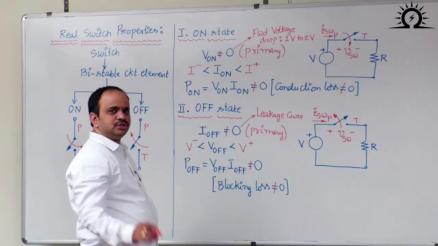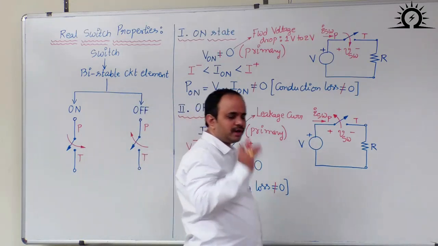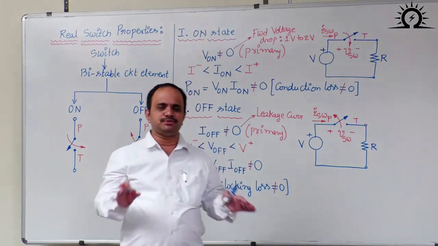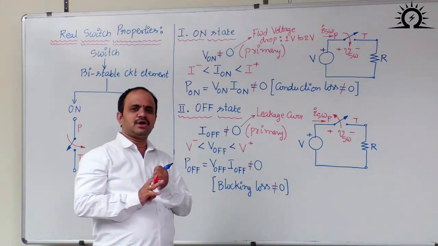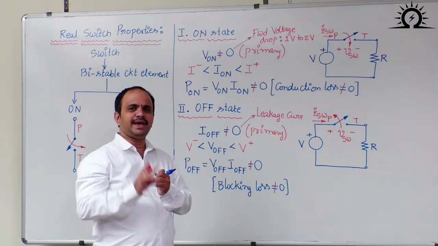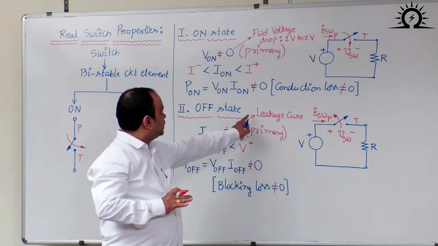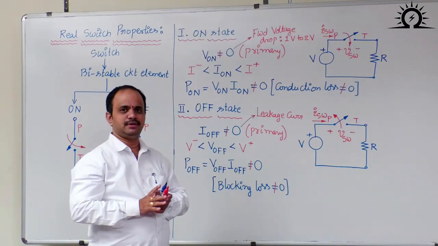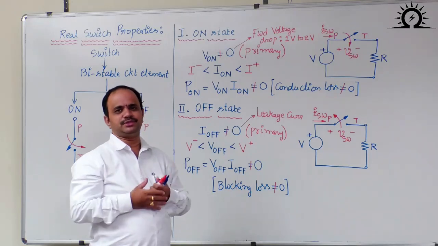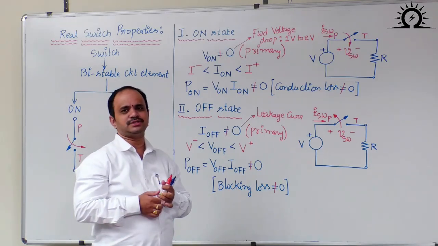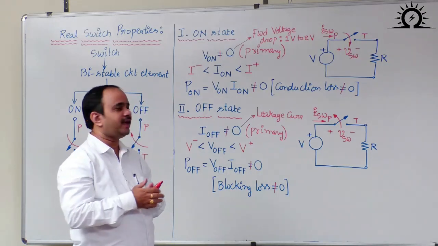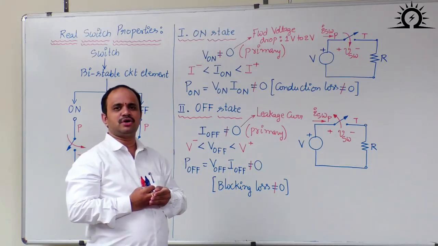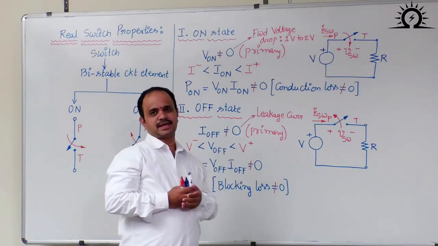At this stage, one point we should have in mind: for losses to be as low as possible, voltage drop during on state should be as low as possible, and leakage current during off state should be as low as possible. But we cannot make them zero. They will have some value of these losses. So manufacturers should take care during their design process to have less conduction drop and less leakage current.